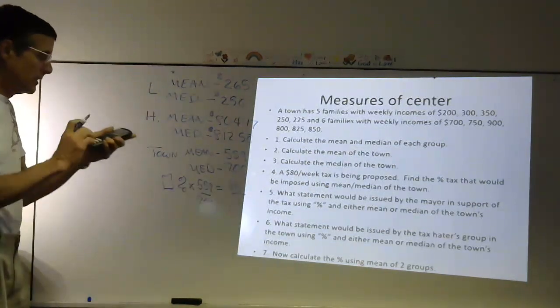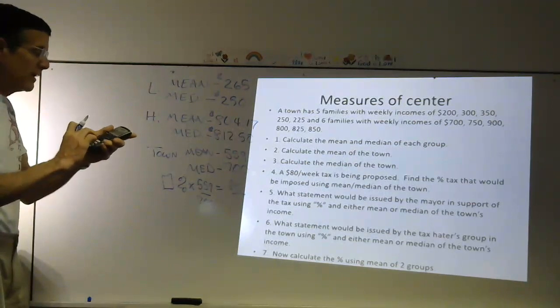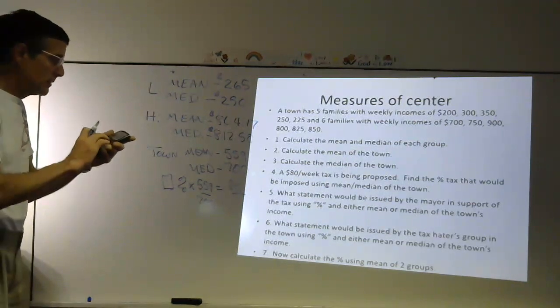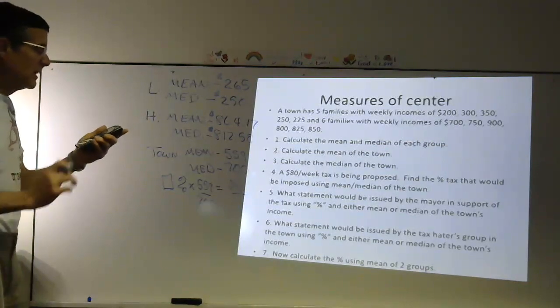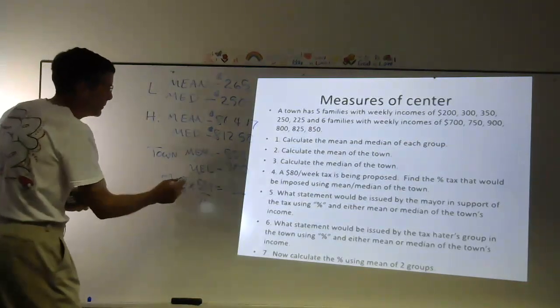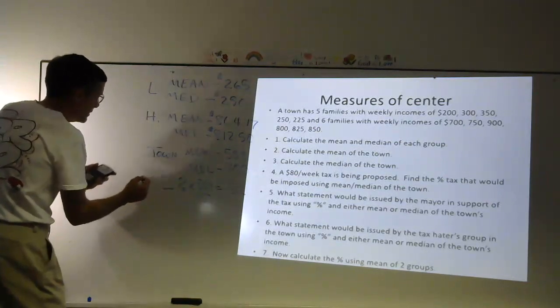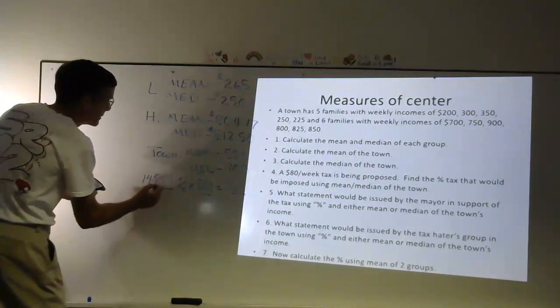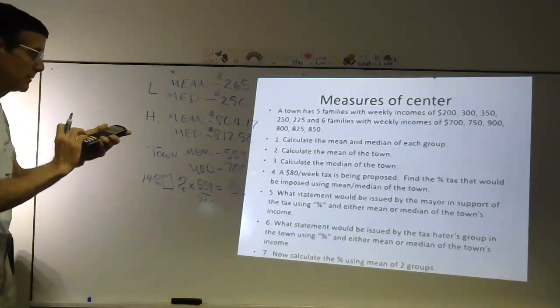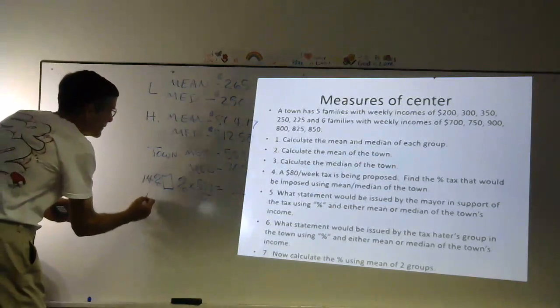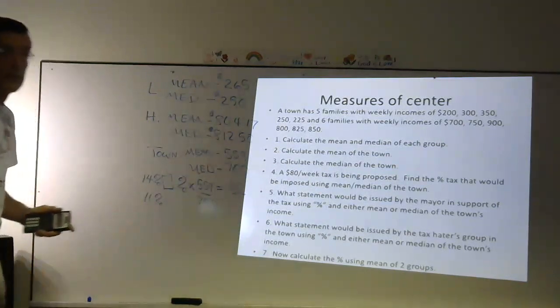So 80 divided by 559, if you use the 559, it's 14%. If you use the 700, it is 11%. Okay?